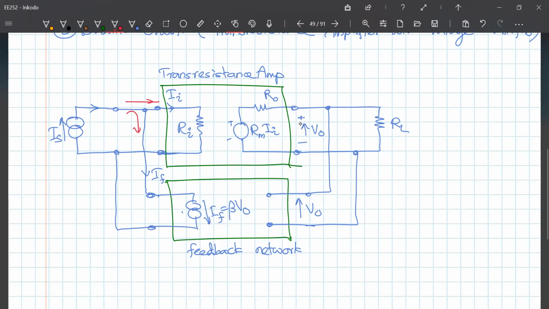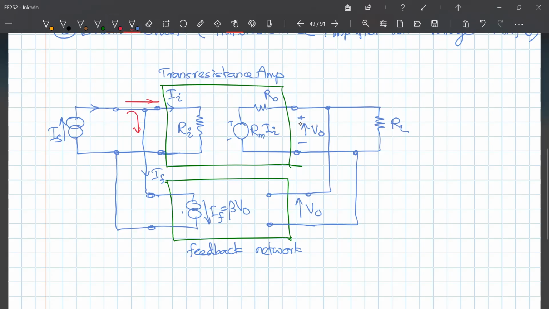Okay, so as you know, if the input is a current, we want the input impedance to be very low, so that the whole current flows through it, right? So let's see what happens to the input impedance with this negative feedback connected.